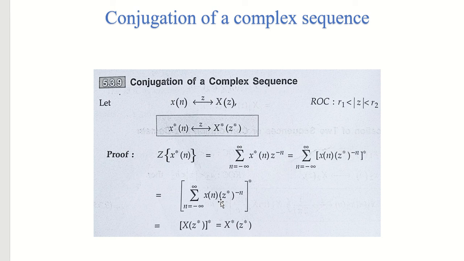So it is x of z conjugate, and as it is having a conjugate here as well, the term will be x of z conjugate and the conjugate of it as well. And when we are having two conjugates, we break this bracket, so we will have x conjugate of z conjugate, right? So it is the same as this one. Hence the conjugation of complex sequence property has also been fulfilled.